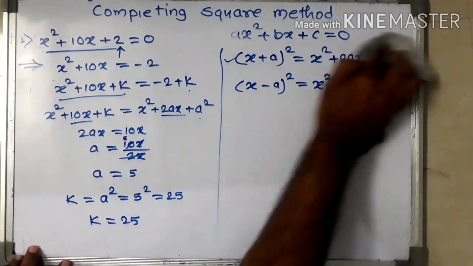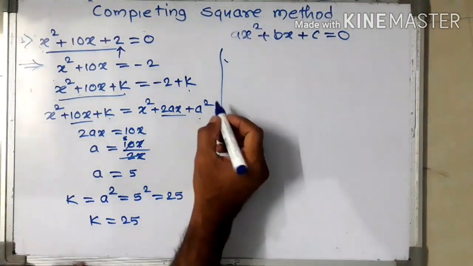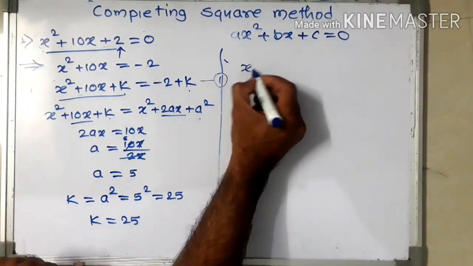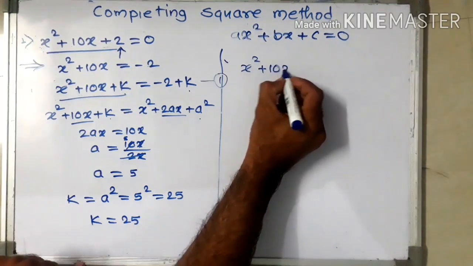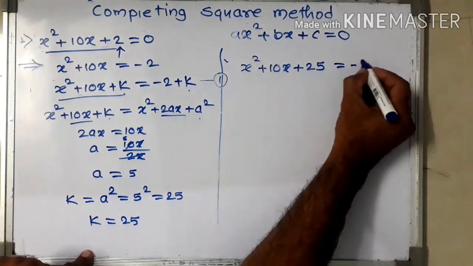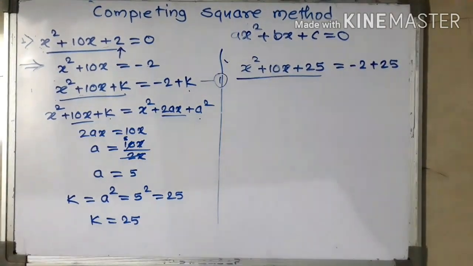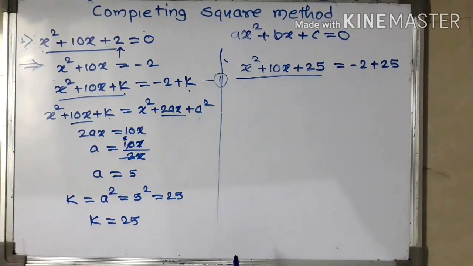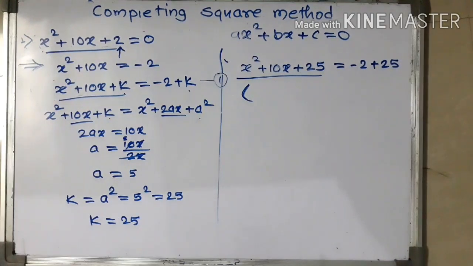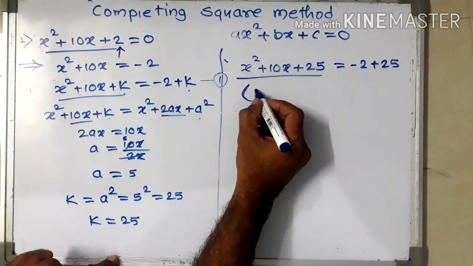Substitute this value in the first equation. We get x square plus 10x plus the value of k, 25, equals minus 2 plus 25. Now this is a square polynomial. Now what is the polynomial whose square is this expansion?